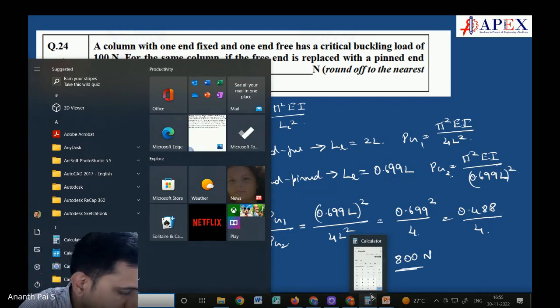If you take root 2 it is proper, but here we are getting 1 by root 2. They have taken 1 by root 2 only, but that is not what we have got here.